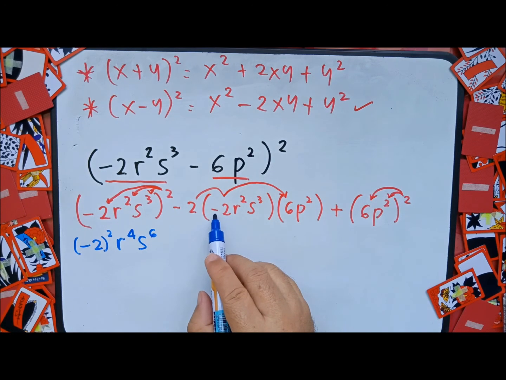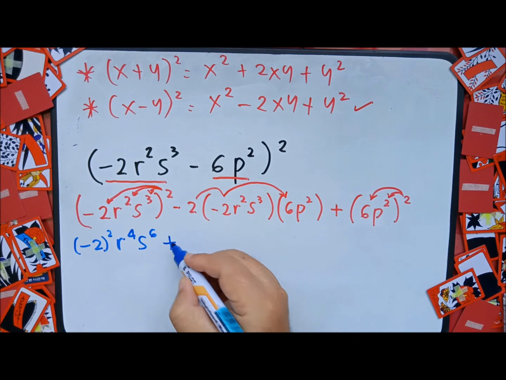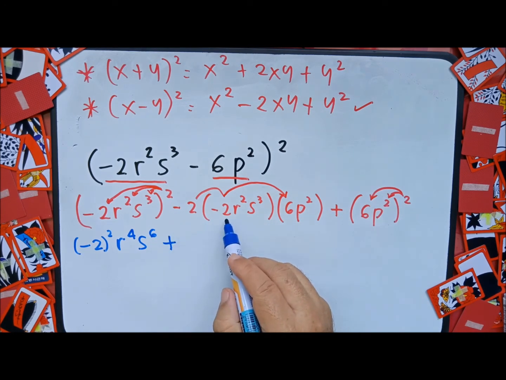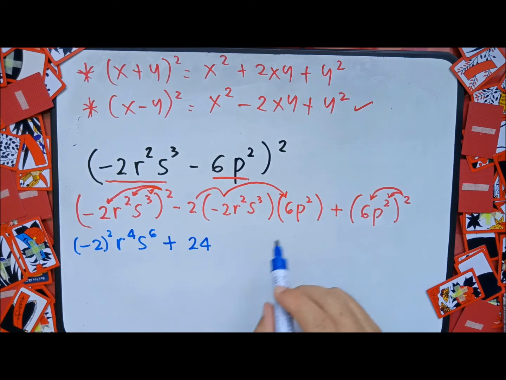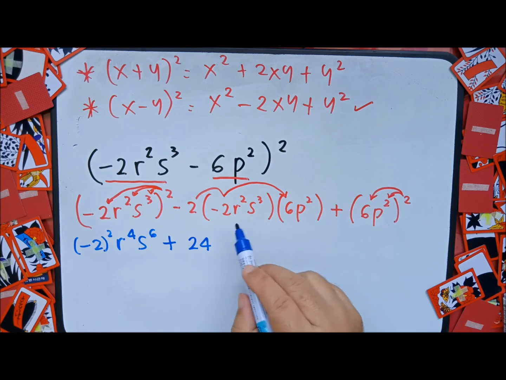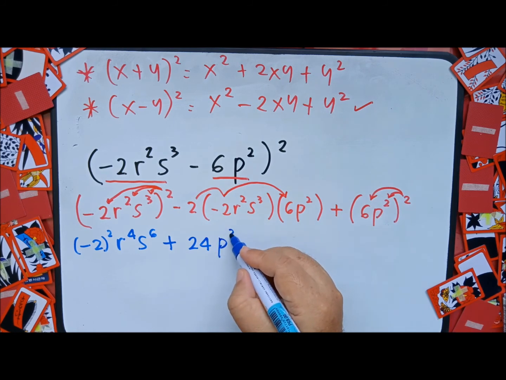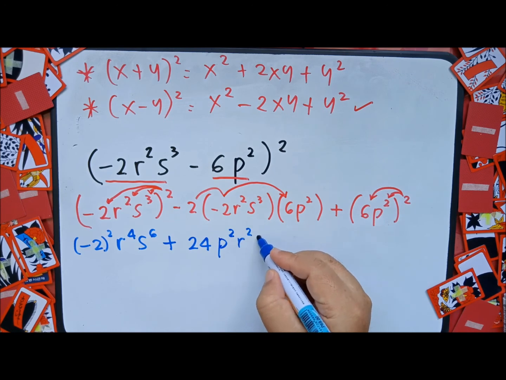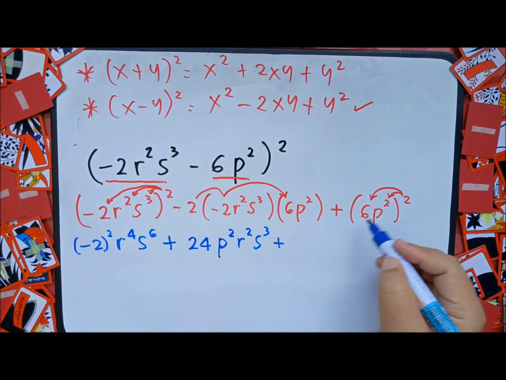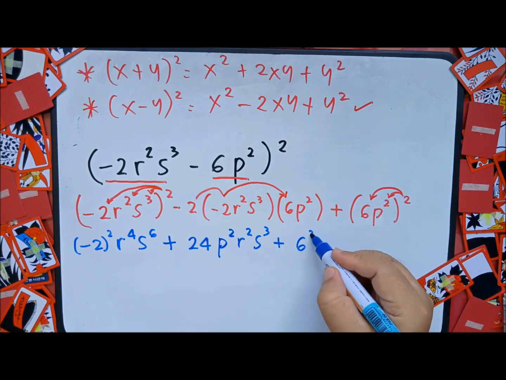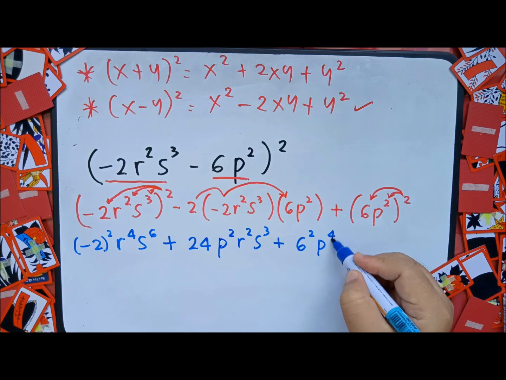Negative times negative, positive. Positive times positive, positive. 2 times 2, 4. 4 times 6, 24. Then, what comes first? P, R, or S? P comes first. P squared, R squared, S cubed. Then distribute. 6 squared, p squared squared, multiply.